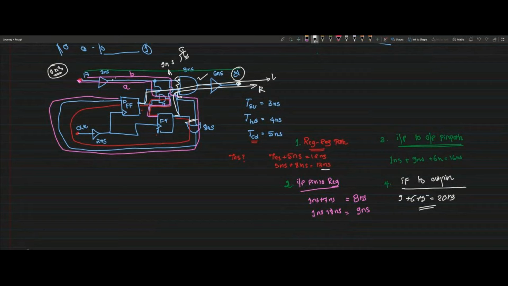Somewhere we have calculated the register path, so we have to add this to your input-to-register path. Then we keep adding, and whichever is the maximum value at the input of this NAND gate will be one delay, call it delay K. Then delay K plus 9 nanosecond plus 20 nanosecond will be my final output delay.